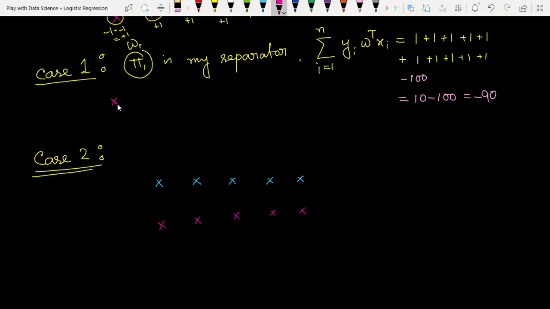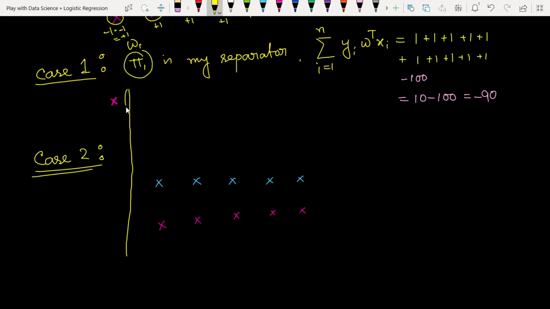This one is our outlier, and in case 1 we drew our plane like this, but here we draw our plane like this. This will be our plane.